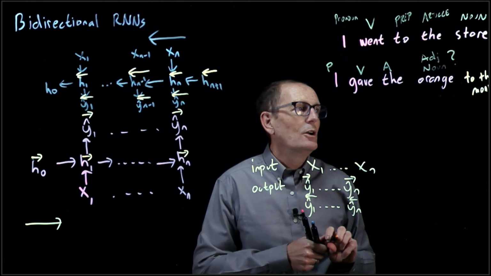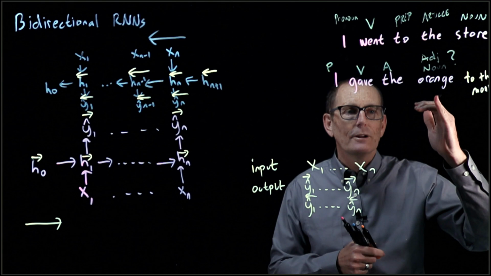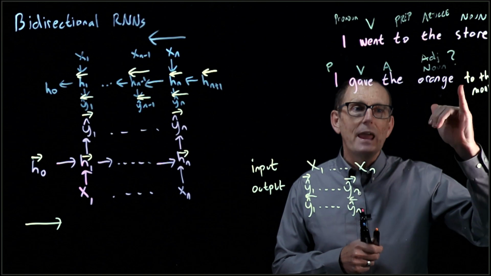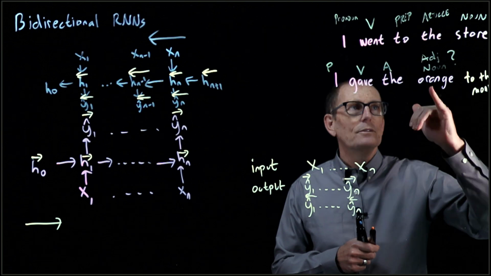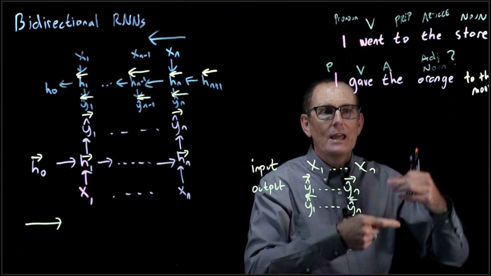We're keeping all that history that we've seen, monkey and the and to, and now we get to orange. And now we can use the information that the previous word was not a noun. If the previous word had been a noun, orange must have been an adjective. Since it's not a noun, orange must be a noun. So our y hat in one direction is saying, I don't know whether it's an adjective or a noun. In the other direction is saying, I know it's a noun. And that's what the bidirectional RNN really gives us.